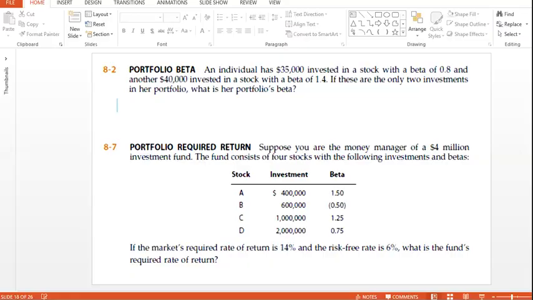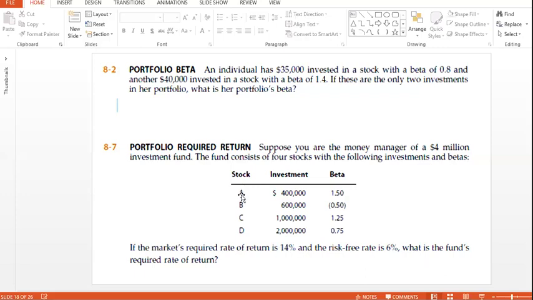And the last problem for today's class is 8-7, portfolio required return. Suppose you are the money manager of a $4 million investment fund. The fund consists of 4 different stocks with the following investments and betas.